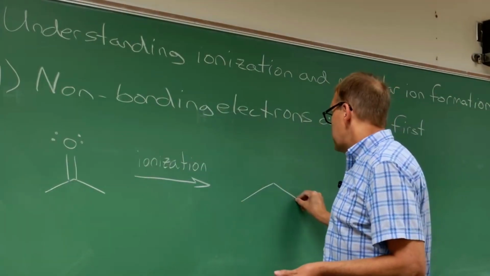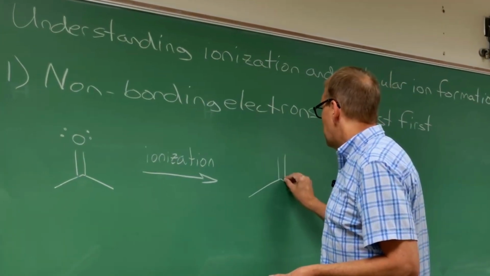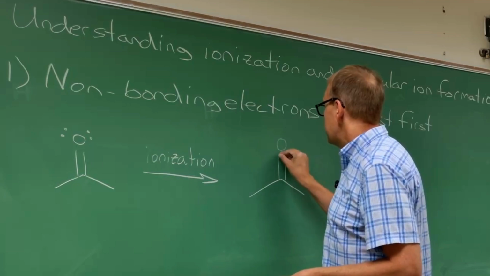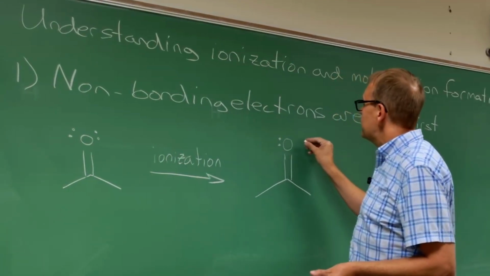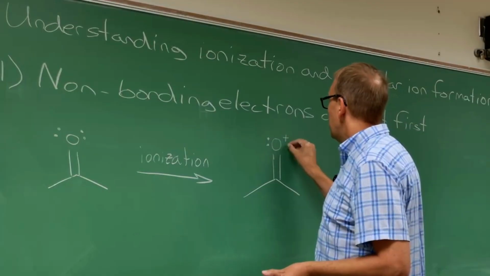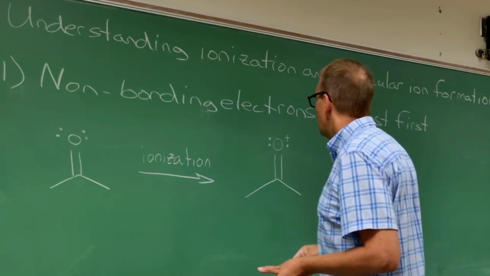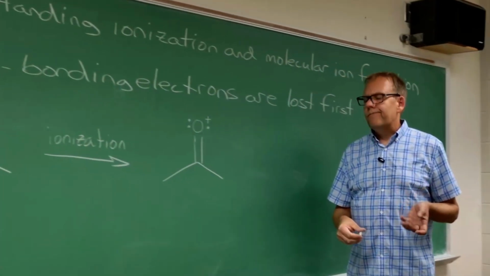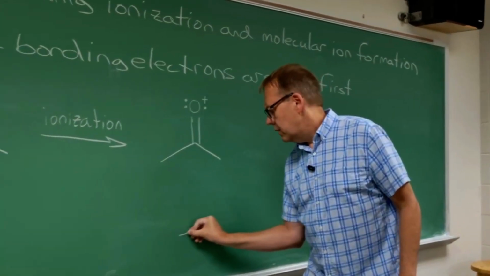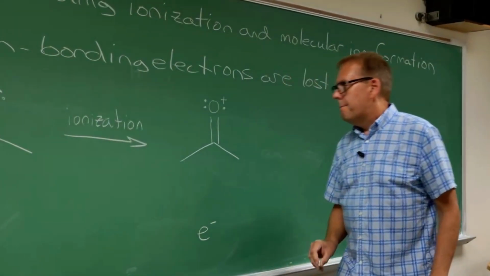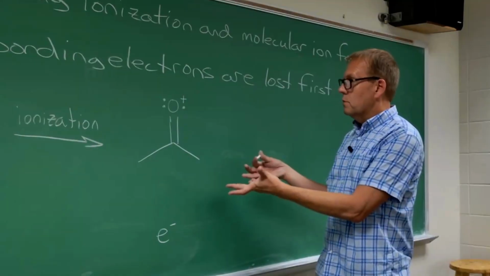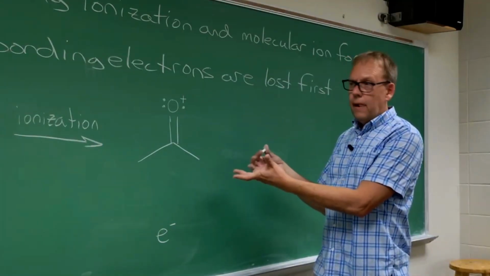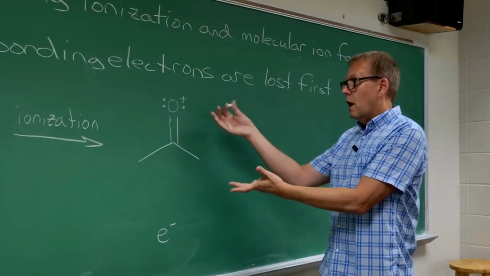So what you would expect to get for a molecular ion from acetone would be this. You would have one of the lone pairs still intact, and then one of the dots in one of the lone pairs is gone. It got bumped out by the electron beam, and so this is the radical cation. This is the molecular ion of acetone. That's where the electron got lost from.